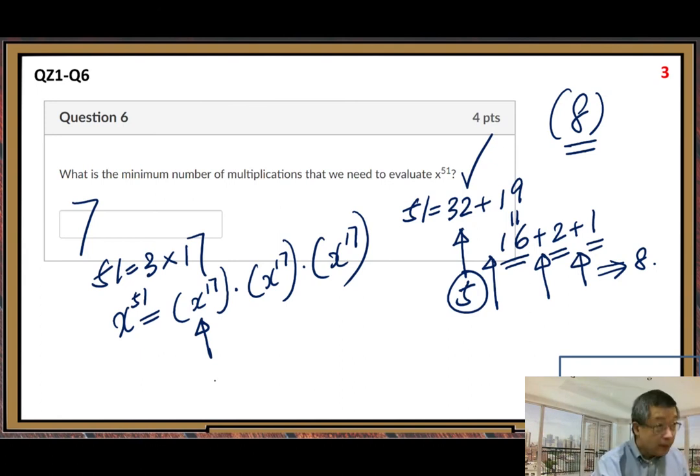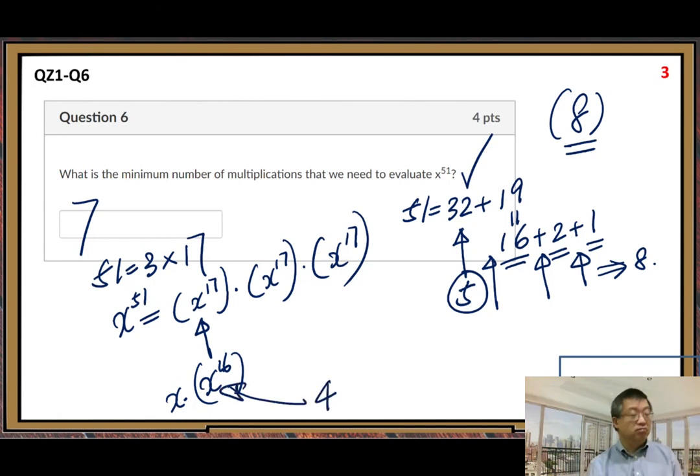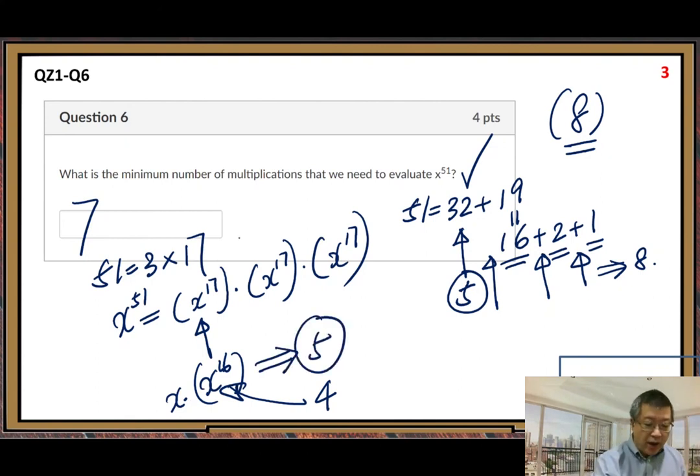How many multiplications? x to the 17th equals x to the 16th multiplied by x. For x to the 16th, we know we need 4 multiplications, 2 to the 4th. Add this one, so this single term needs 5 multiplications. Then we have 2 more, 1 here and 1 here. 5 plus 2, we get 7.